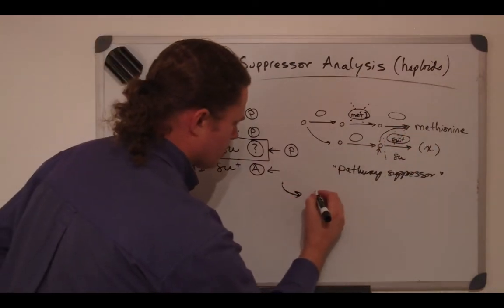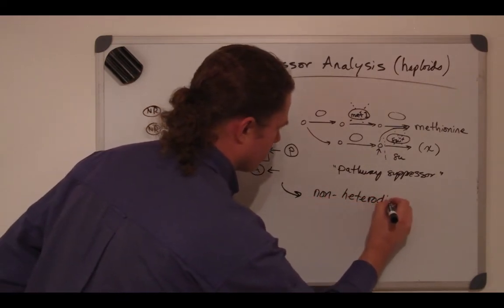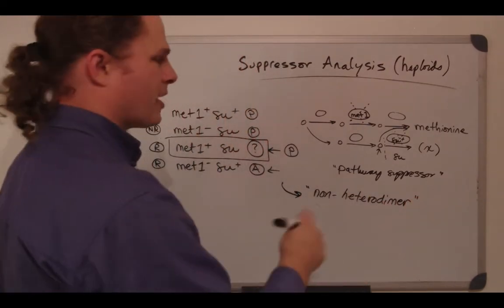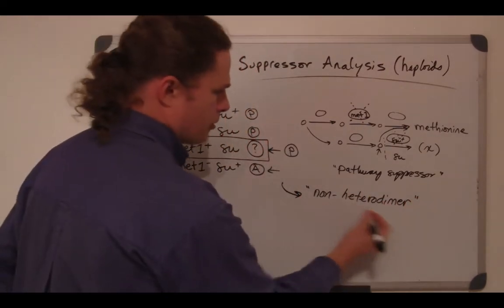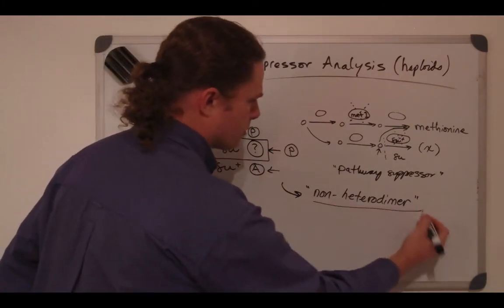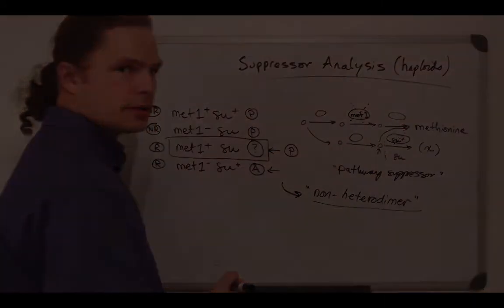This is also what's called a non-heterodimer suppressor, which we'll contrast in a moment with a heterodimer suppressor. You don't yet know what a heterodimer suppressor is, but why this is also known as a non-heterodimer suppressor will become obvious in the next clip.